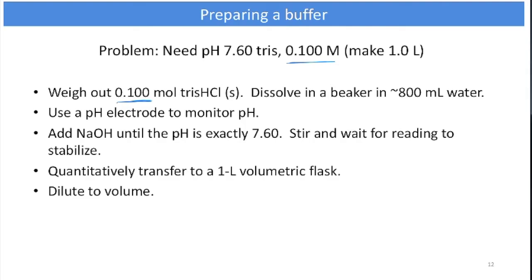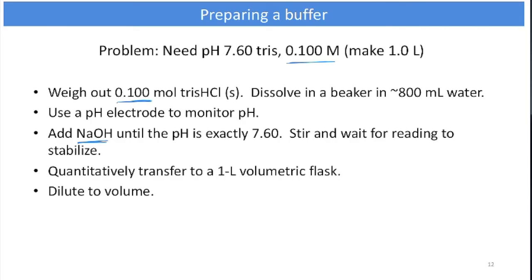And then we're simply going to use a pH electrode to monitor the pH as we add sodium hydroxide to this solution. Adding the sodium hydroxide is going to convert some of the tris HCl into the tris, the base, and that's going to affect the ratio of the acid and the base.